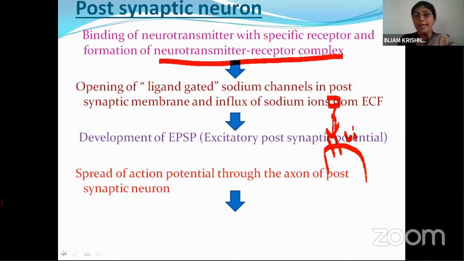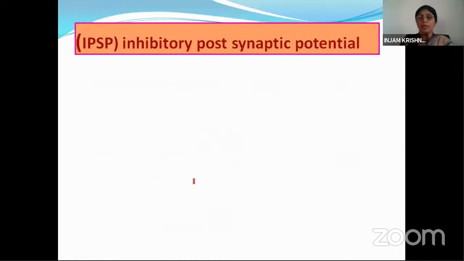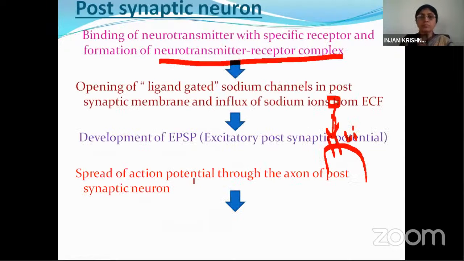Because it is the excitatory post-synaptic potential, the action potential is generated. Spread of action potential through the axon of the post-synaptic neuron.